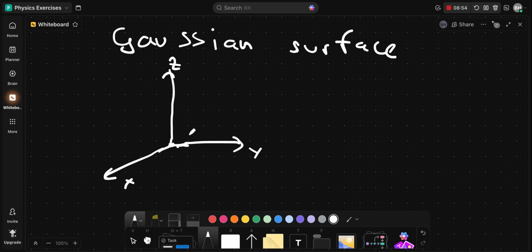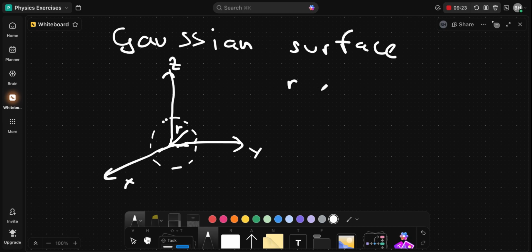On the other hand, an arbitrary surface will not exploit the symmetry. In other words, it will not be useful in doing calculations. So in this case, we choose the Gaussian surface according to the symmetry, and I'll just indicate it like this. I'm going to denote the radius of this Gaussian surface by small r.